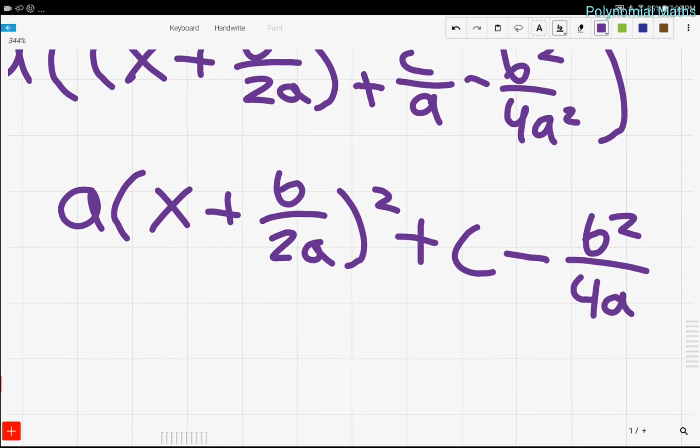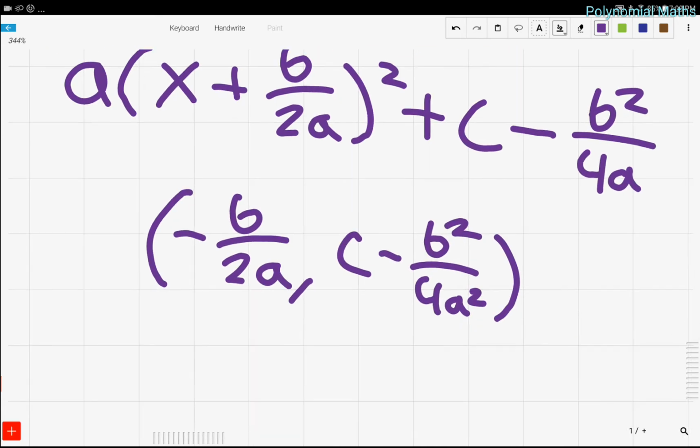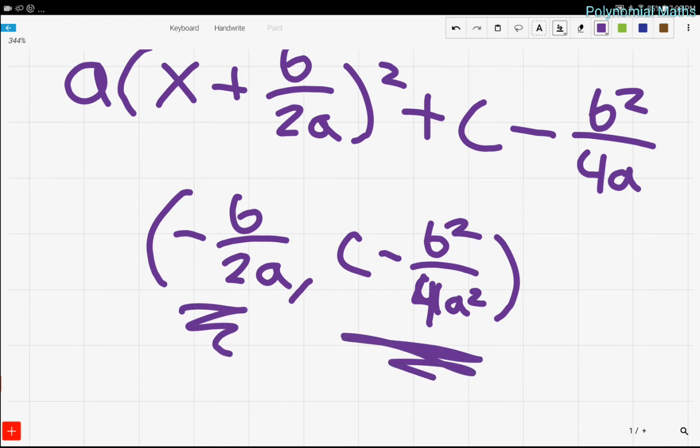So right here we can see that our vertex is negative b over 2a, and then c minus b squared over 4a. Now in my opinion, you don't have to memorize this one right here. Just memorize negative b over 2a. This is more important than c minus b squared over 4a. Why exactly?